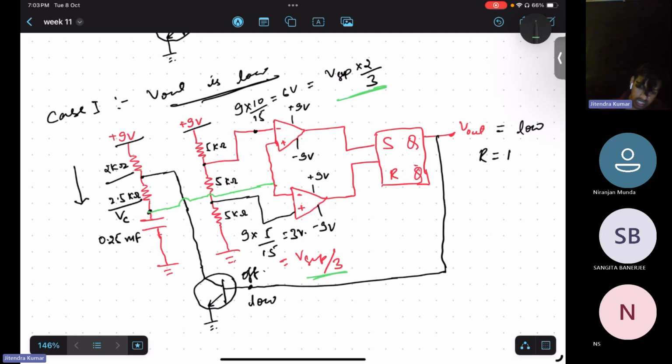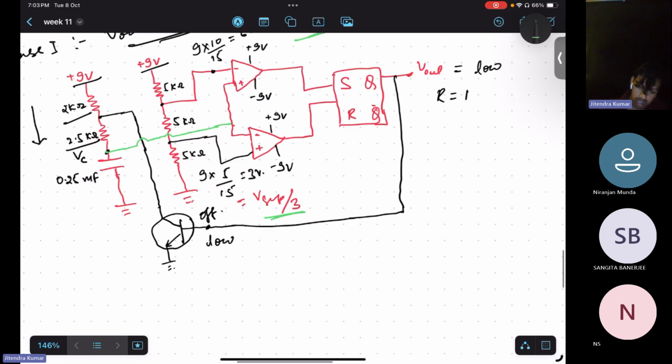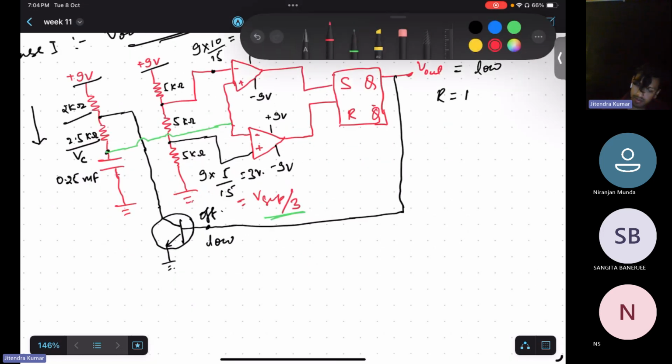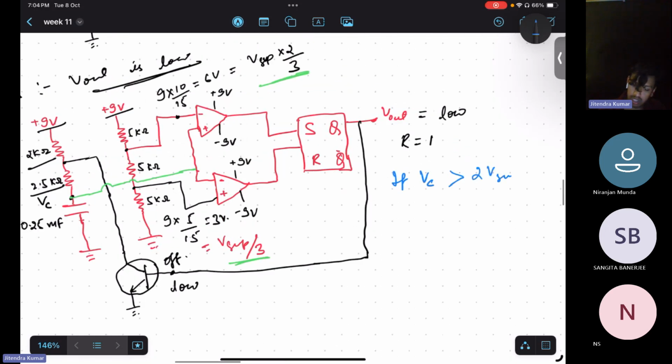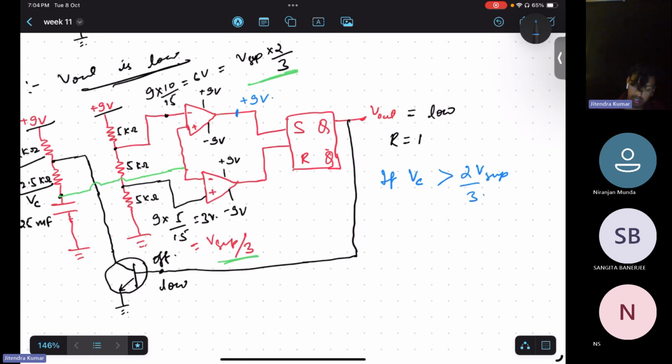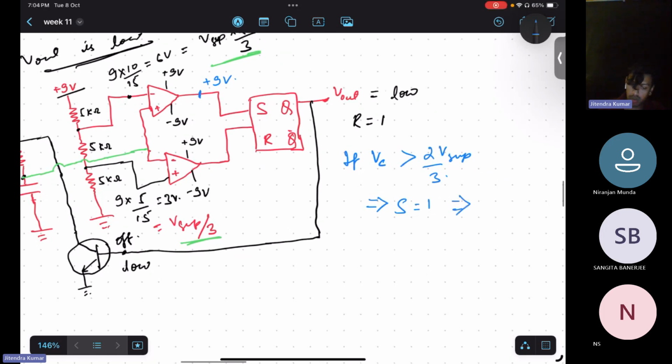So if VC is higher than 2 V supply by 3, it means the output will be plus 9 volt, and this S will be equal to 1, and our output voltage will be high. Are you able to grab this point?